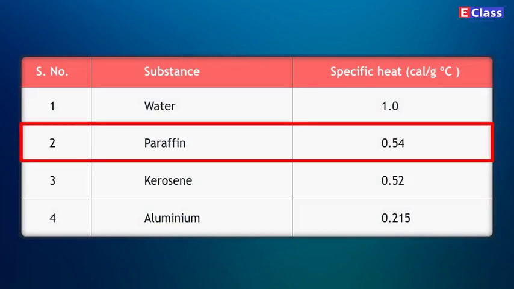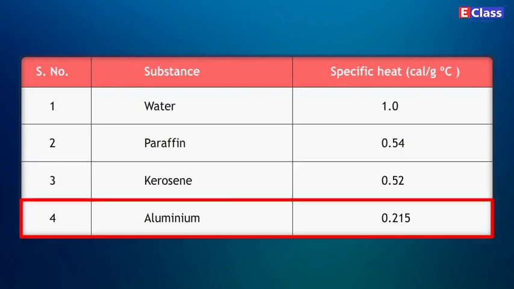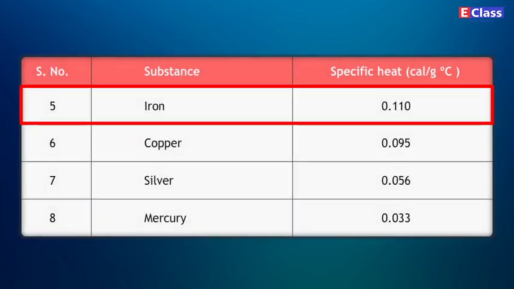Paraffin: 0.54. Kerosene: 0.52. Aluminium: 0.215. Iron: 0.110.